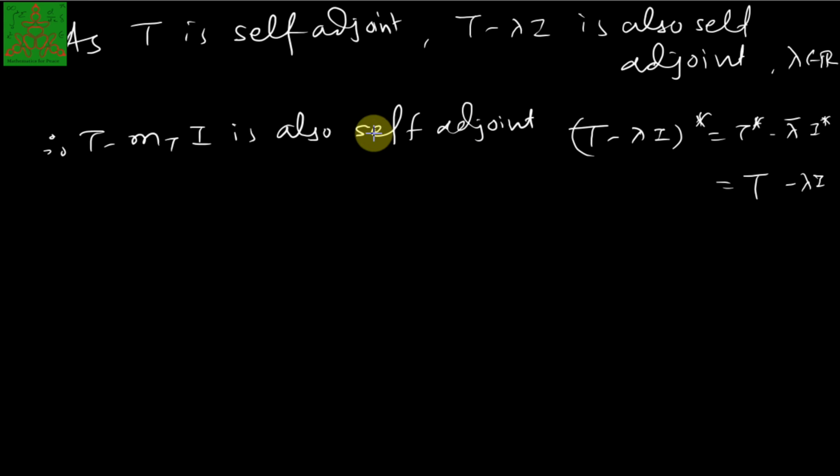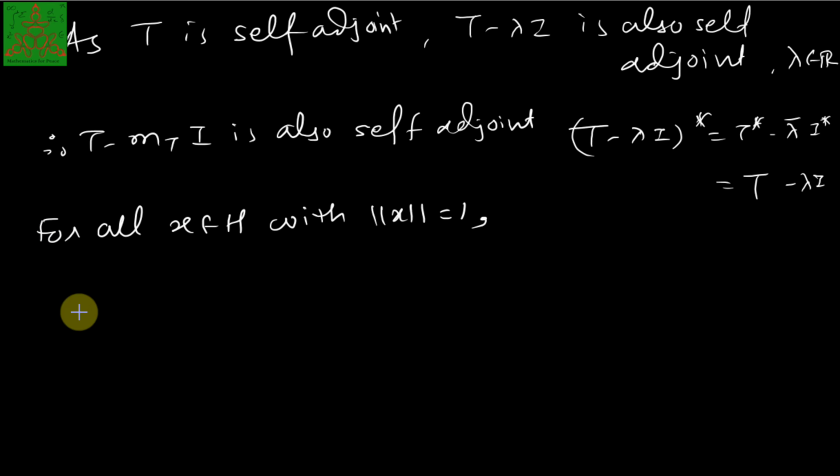Now for all x belonging to H with norm of x equal to 1, I can start with ⟨(T minus m(T)I)x, x⟩.